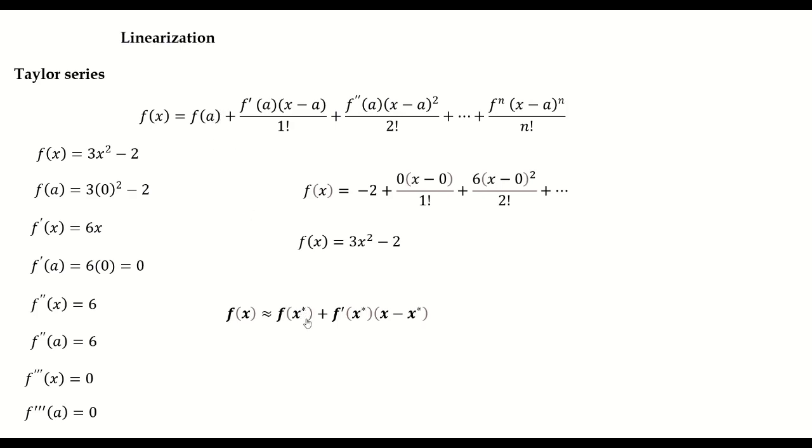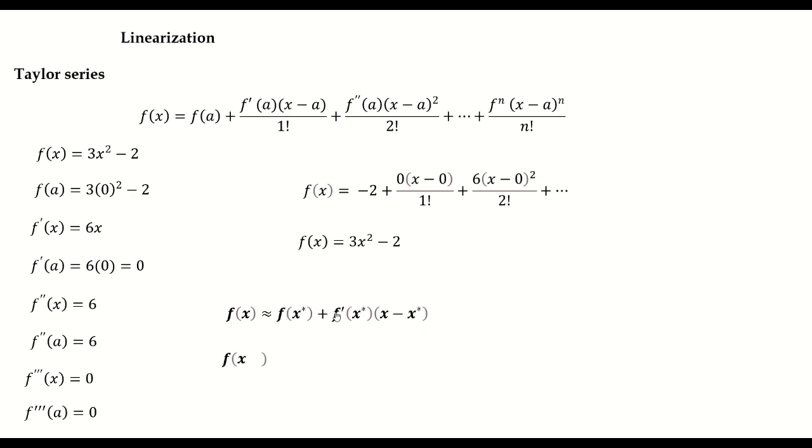We're just saying x star is a steady state value around which the function is evaluated. F prime x star is the first derivative of that function evaluated at x star, and we have x minus x star. Of course, it's divided by 1 factorial. Since 1 factorial is 1, we can omit it.